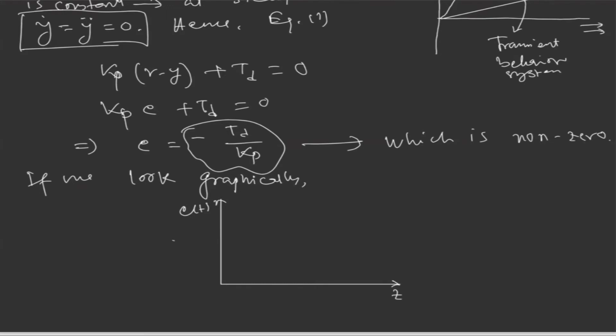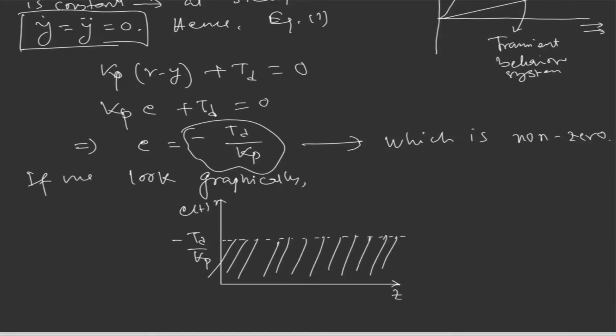You see the magnitude TD by Kp, it is constant, and this is the error. This is the area, basically, and we can write this area A equal to the integral from 0 to t of E tau d tau. Let me define this as figure 1. This will happen at steady state.